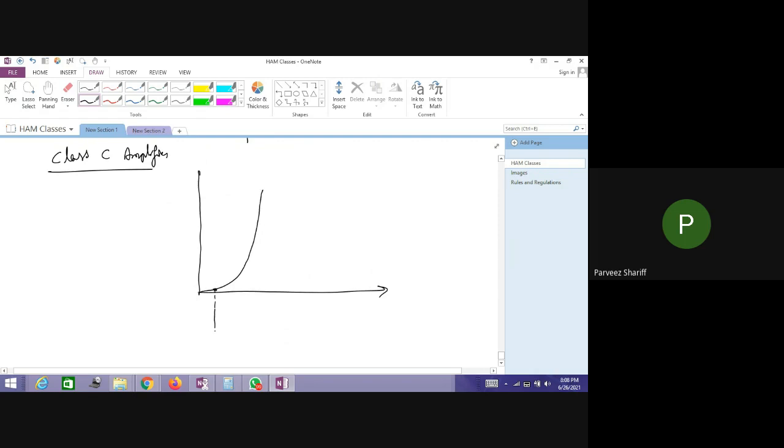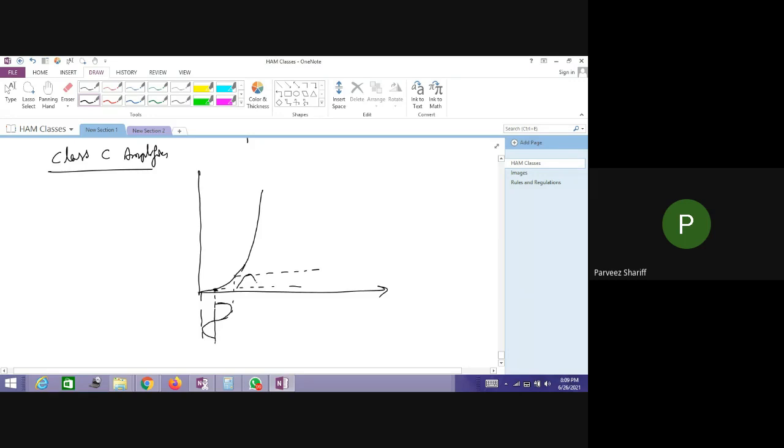So if I take this point here, and if this is the input, and what happens is that, so this is the point.